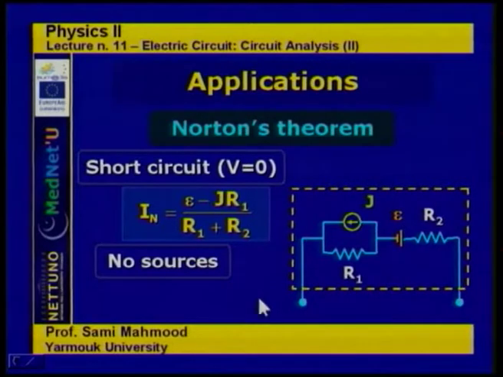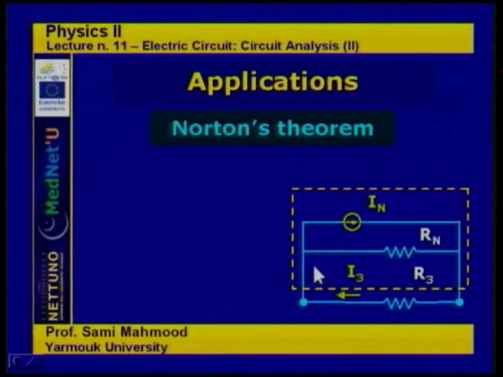And now, in order to determine the equivalent resistance RN, we set no sources, and RN is equal to simply the resistance if we set epsilon to 0 and J, the current generator, equal to 0. We will have simply R2 and R1 in series, and RN is equal to R1 plus R2.